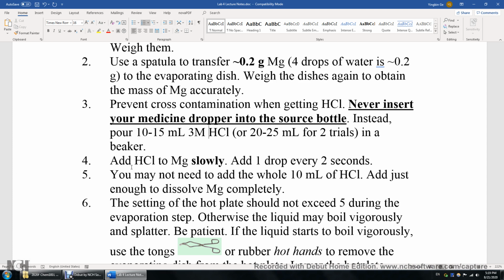You may not need to add the whole 10 milliliters of HCl. Just add enough to dissolve magnesium completely. So it can be 8 or 9 or 10 milliliters.